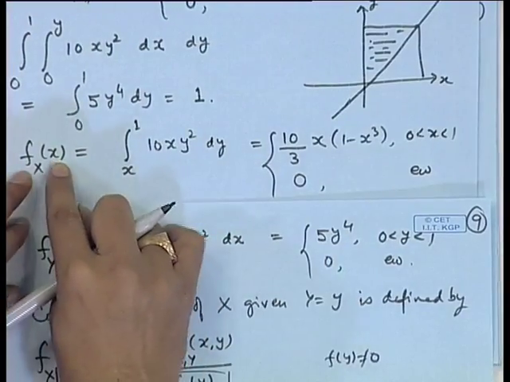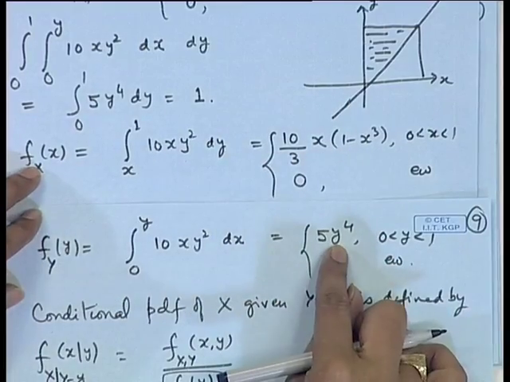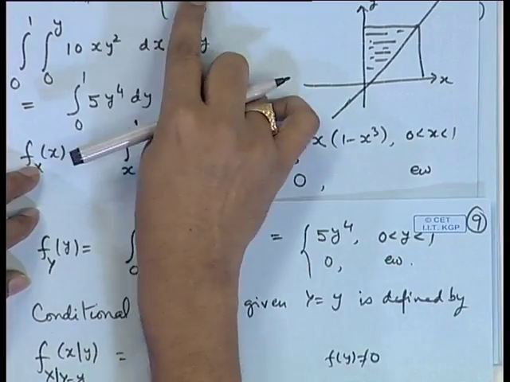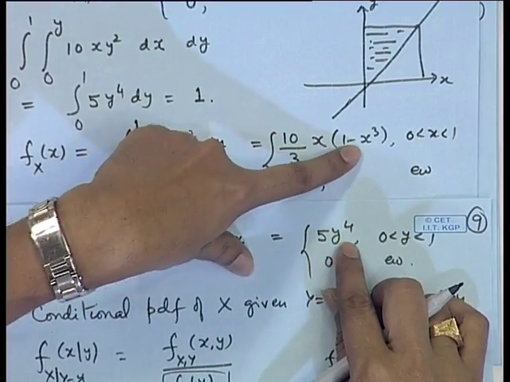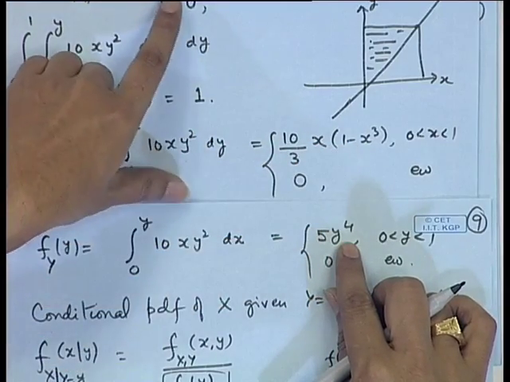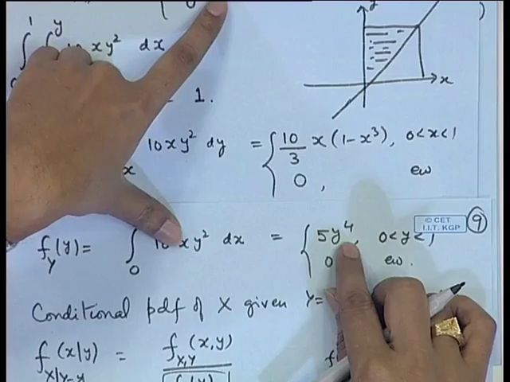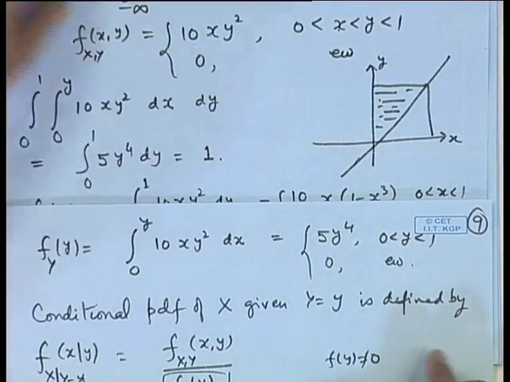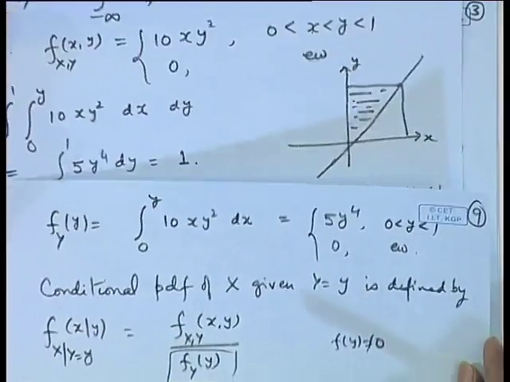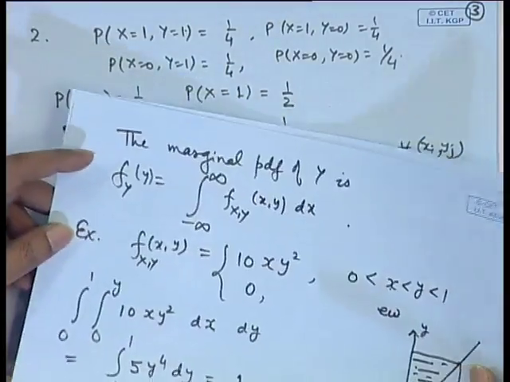So, you can see that the product f_X times f_Y is not equal to f(x, y), because the product here will give you 50/3 x (1 - x)^3 y^4, whereas f(x, y) is 10 x y square. So, the condition is never satisfied. So, X and Y are obviously not independent.